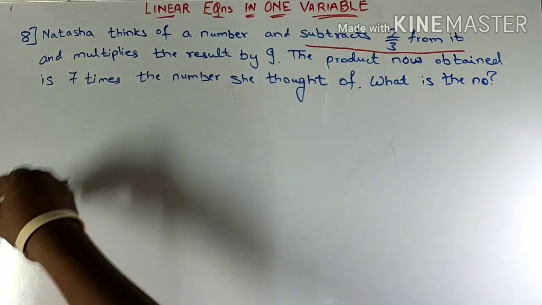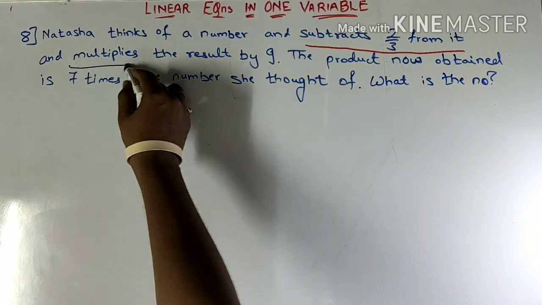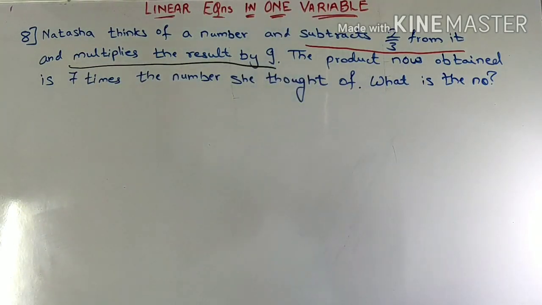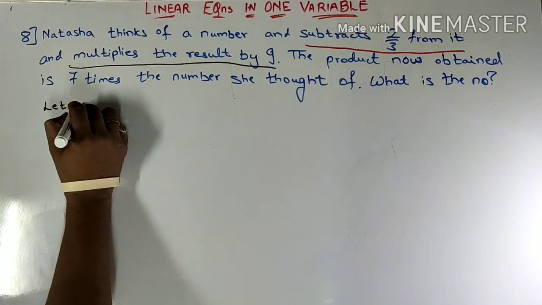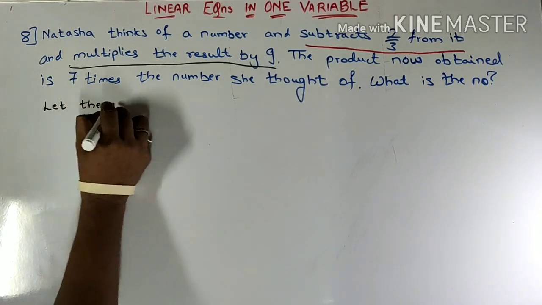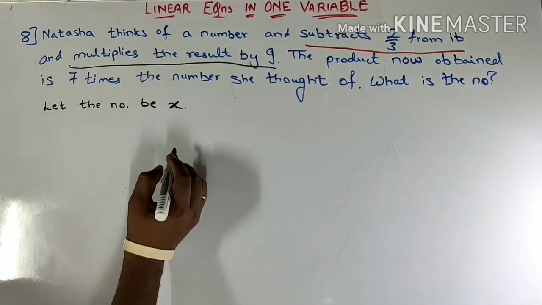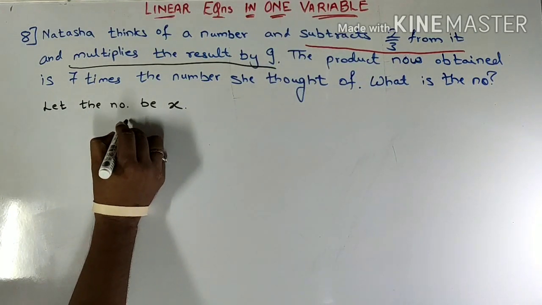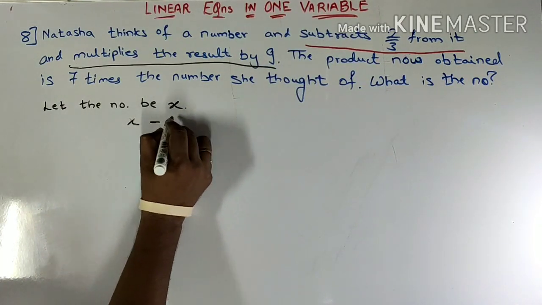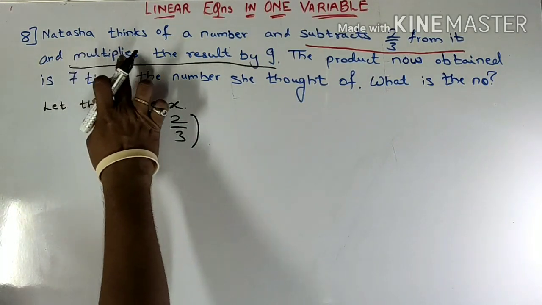And multiplies the result by 9. I'll mark it with a different color. So let's frame this condition first. Let the number she thinks be x. So she subtracts 2 by 3 from it, that means x minus 2 upon 3, and multiplies the result.